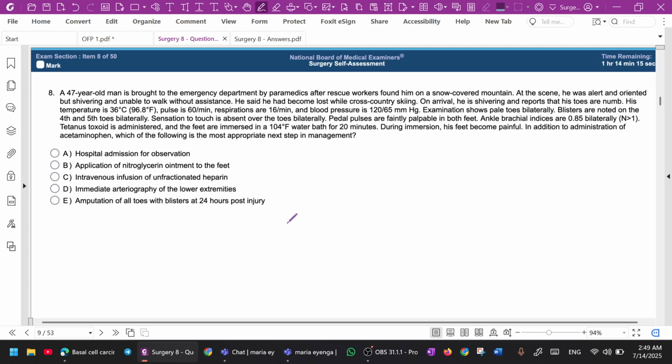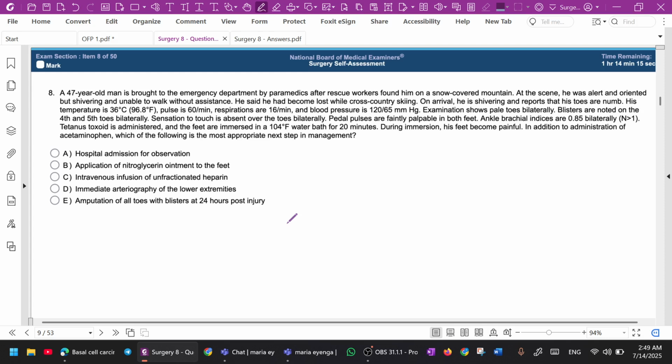He said he had become lost while cross-country skiing. On arrival, he is shivering and reports that his toes are numb. His temperature is 36 degrees Celsius, pulse 60 per minute, respiration is 16 per minute, blood pressure 120 by 65.